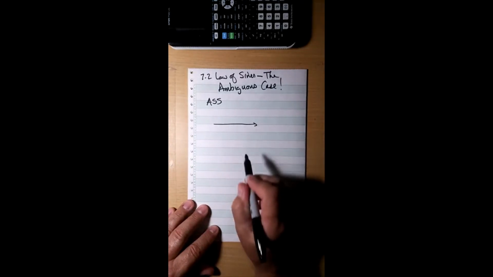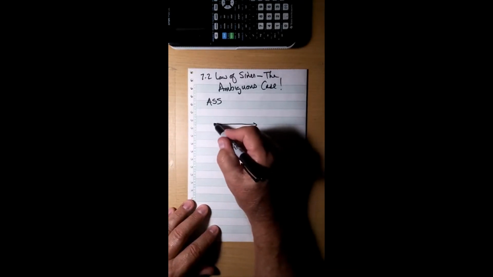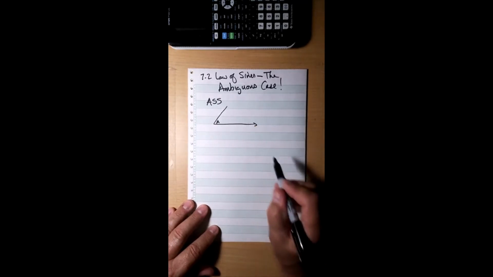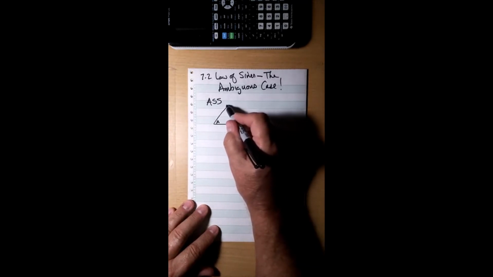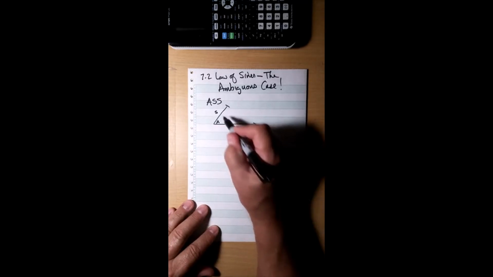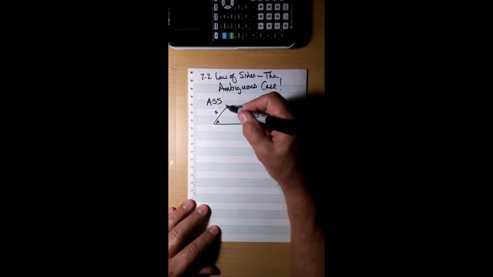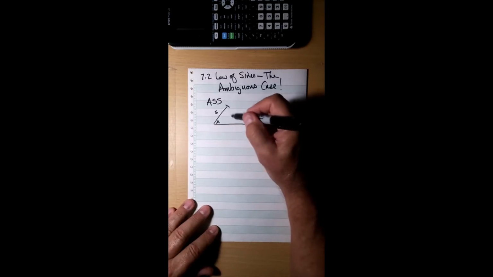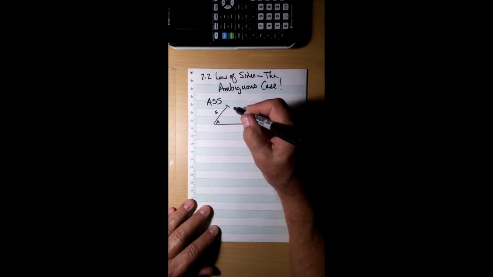If you take a line, a ray, and you put an angle on there, that's your angle. And then you measure a certain distance, that's your side. And then the next side can be a certain distance also. Three things could happen.